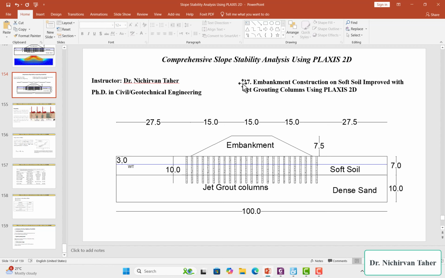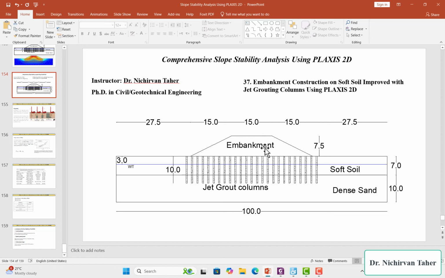This is tutorial 37, Embankment Construction on Soft Soil, improved with jet grouting columns in PLAXIS 2D. If you remember in the previous lecture, we had the same example, same soil stratigraphy and embankment.